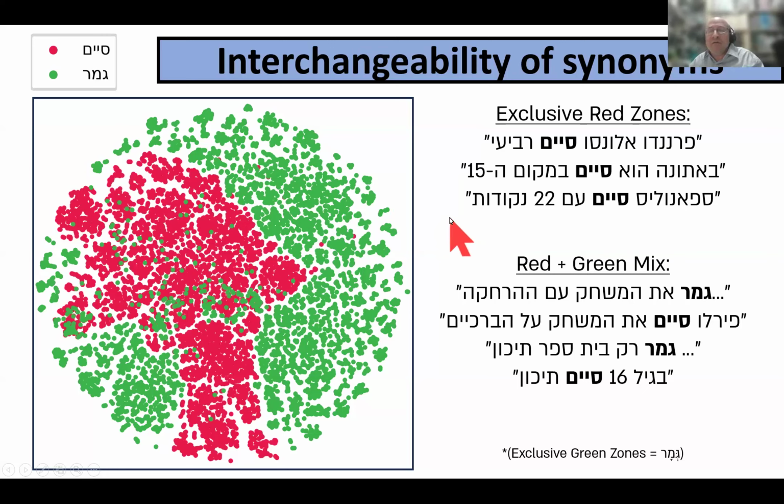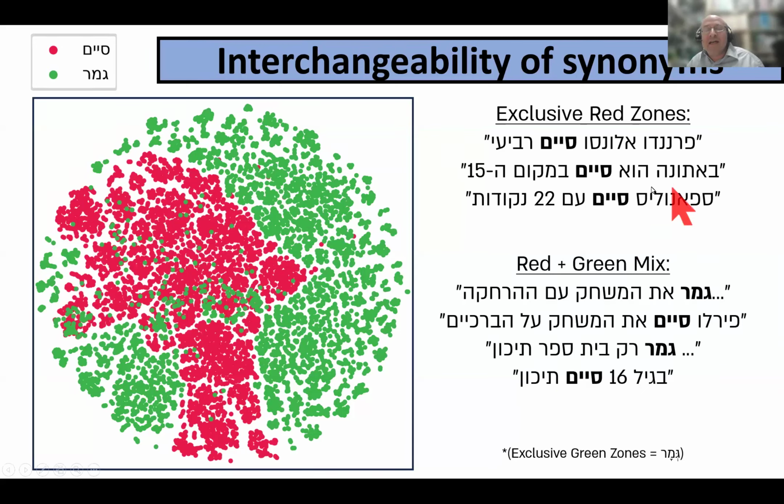So what we see here is a very interesting phenomenon, which is that gamar and siyem, these two verbs, interchange with each other when they're used in a construction where they take a direct object. So like he finished the game could be gamar et hamischak or siyem et hamischak, or he finished high school, gamar beit sefer or siyem beit sefer, siyem tichon.